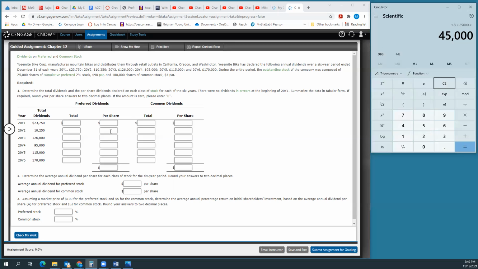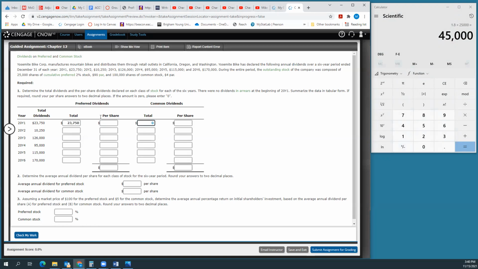So for example, in this first year, they pay $23,750 in total dividends. And that doesn't reach the $45,000 minimum. So all of those dividends are going to go to the preferred shareholders, and none of the dividends will go to the common shareholders.